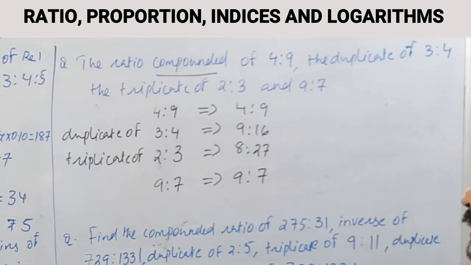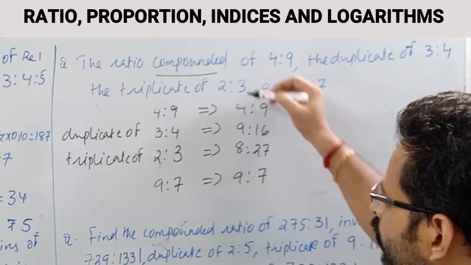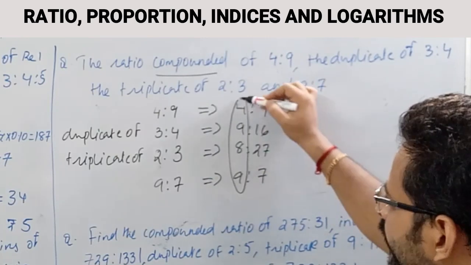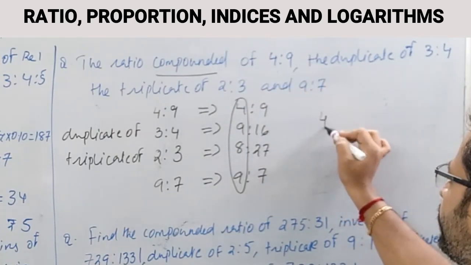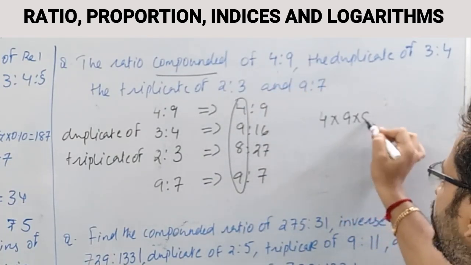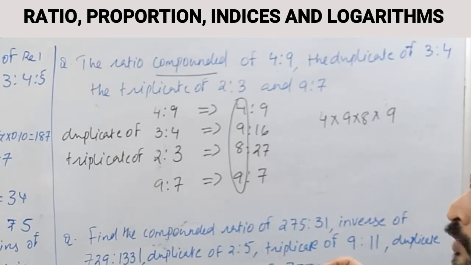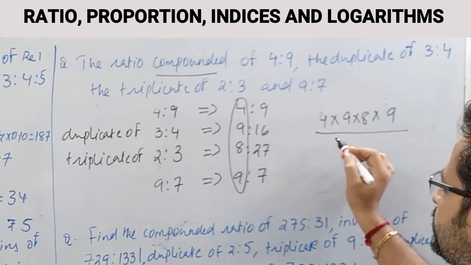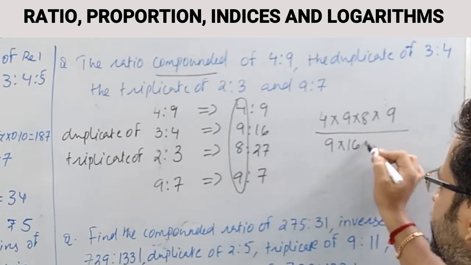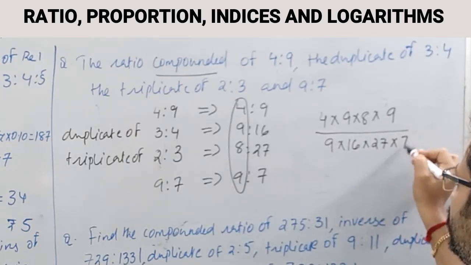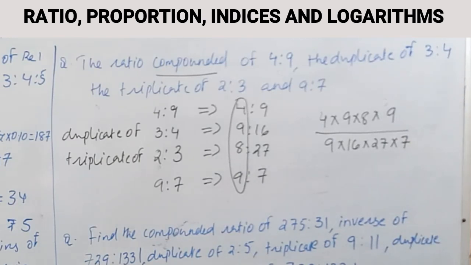As we all know, compounded ratio means the product of antecedents, 4 into 9 into 8 into 9, divided by or is to the product of consequents, 9 into 16 into 27 into 7.